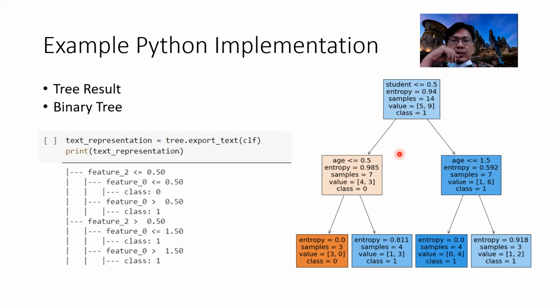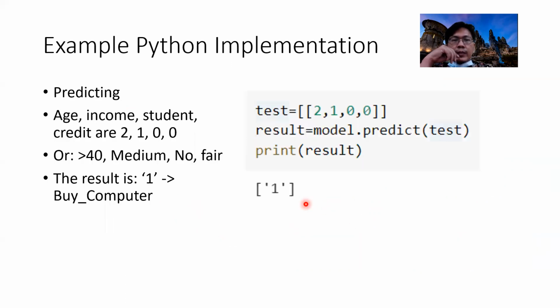We see that for student, usually they buy the computer, and for non-student, there are two kinds, for the age, for the age more than middle age. This is 1 or 2, usually buy the computer. And then we can use this model to predict.